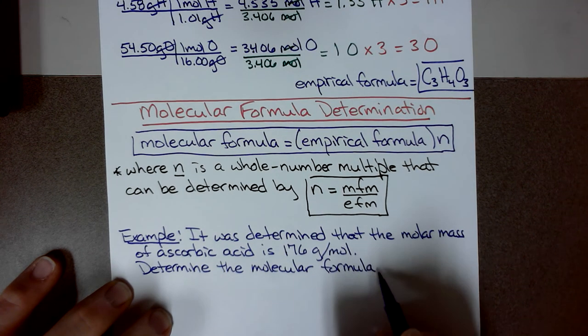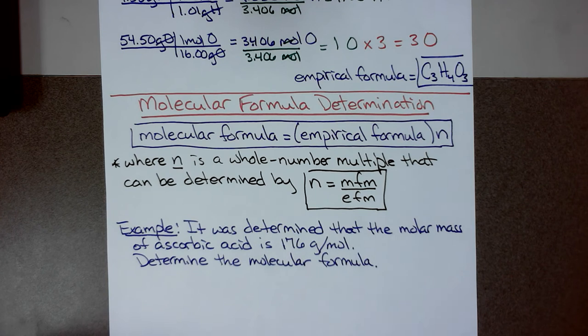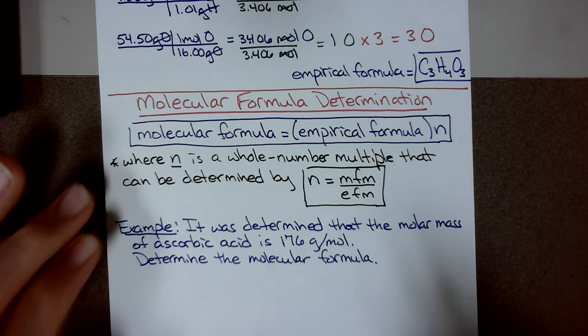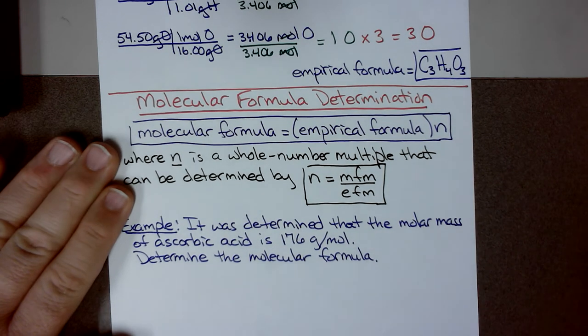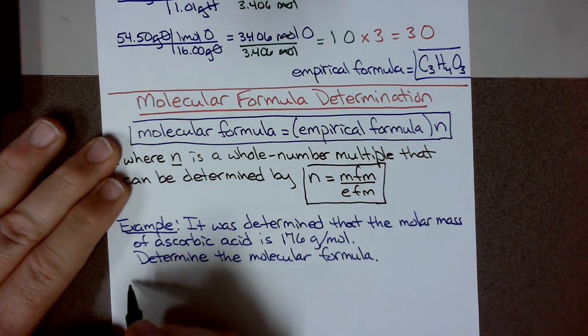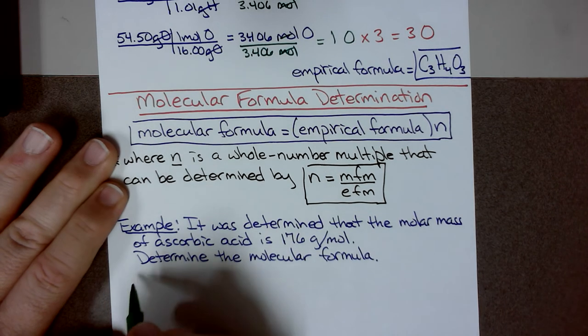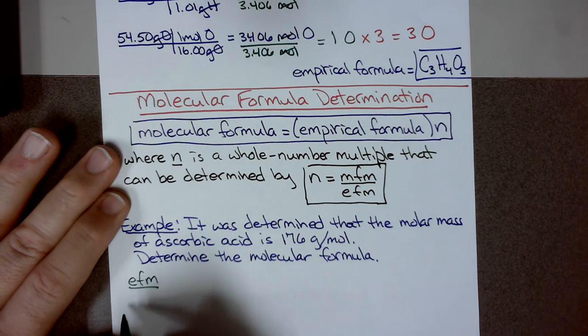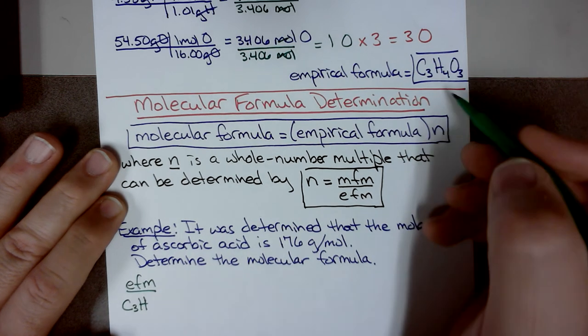Okay, so remember, we have to find EFM, or empirical formula mass. I'm going to write it here as the EFM, that's the empirical formula mass of ascorbic acid, C3H4O3, remember this up here.